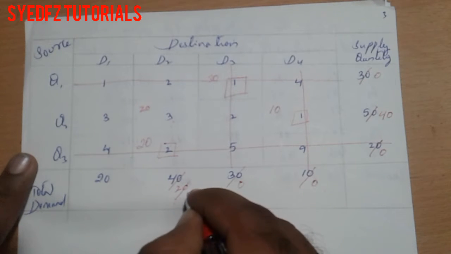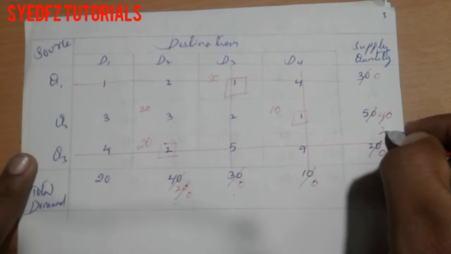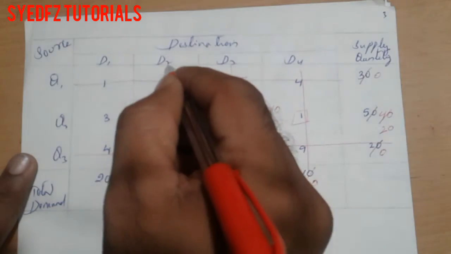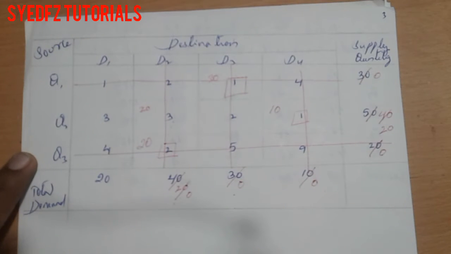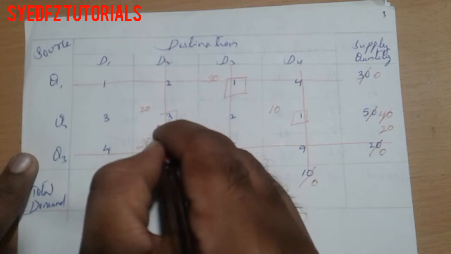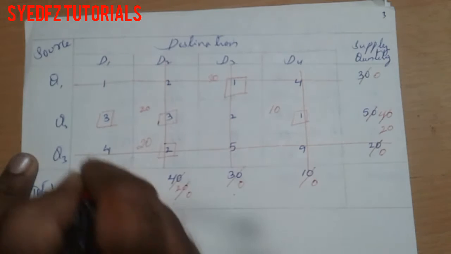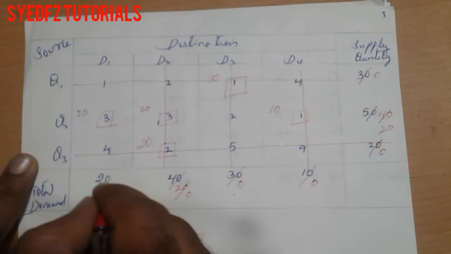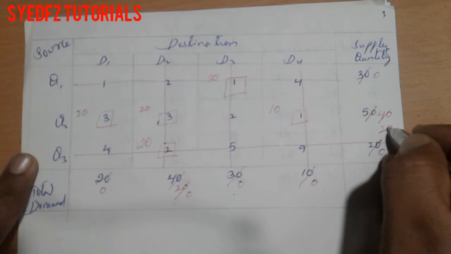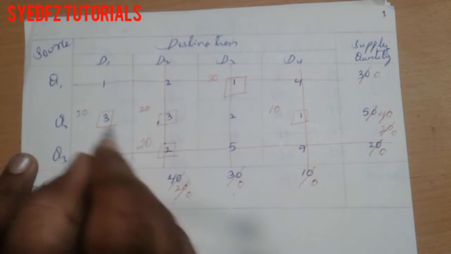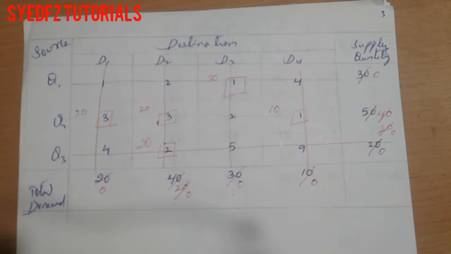Supply is still there, but demand is over, so eliminate the column. Now only the second 3 is left, so the remaining 20 should be allocated here. Now demand and supply are both over. This is how the least cost method is applied.